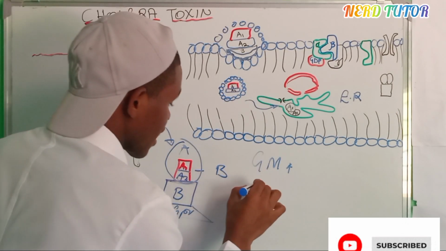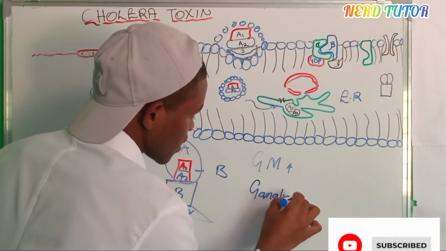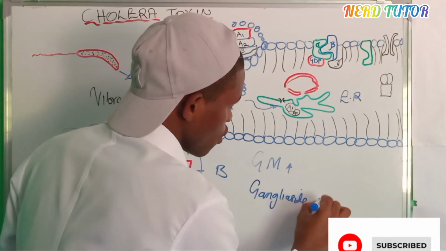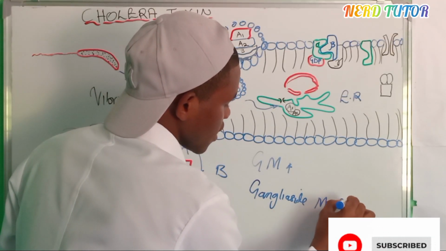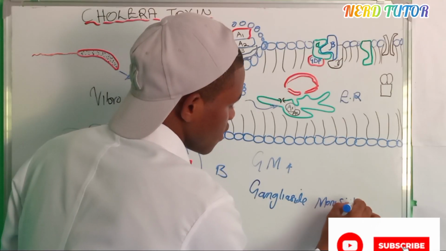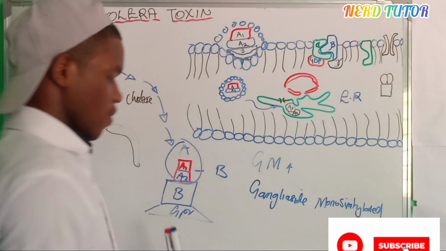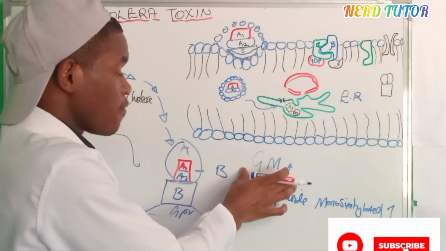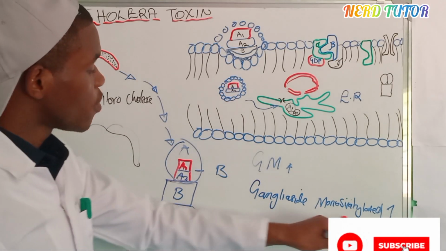So this is ganglioside, monosialated. So mono, then the 1. Why 1? Because we've got a lot of them. We have GM1, GM2, GM3, exactly like that. So this is ganglioside monosialated.